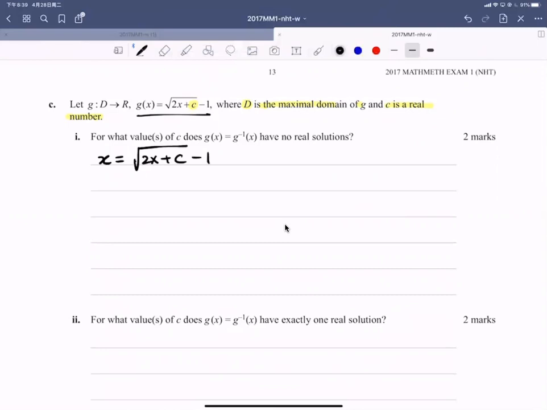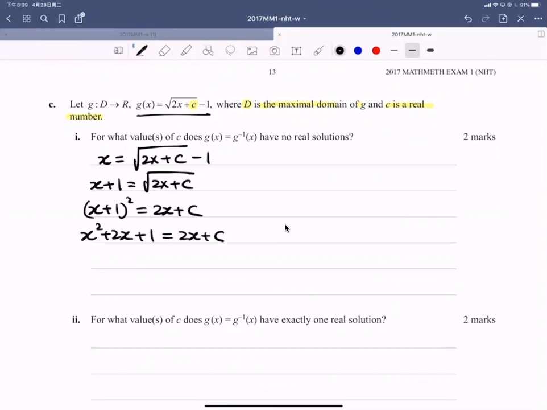Using the same idea, x plus 1 equals root 2x plus c. X plus 1 squared equals 2x plus c. And x squared plus 2x plus 1 equals 2x plus c. X squared plus 1 equals c, and x squared equals c minus 1.